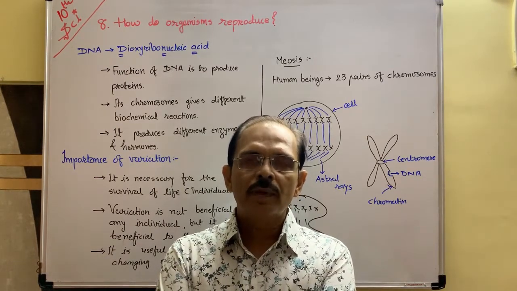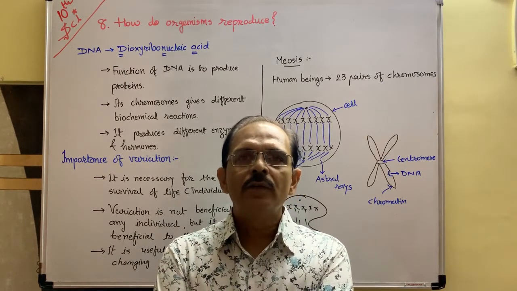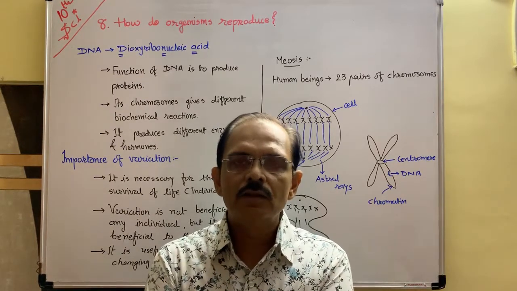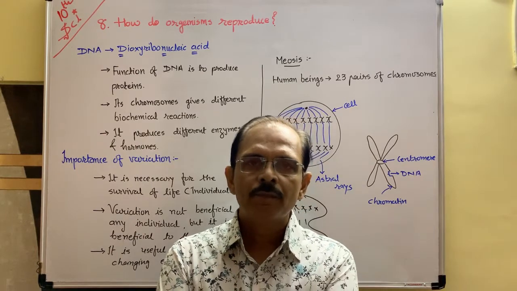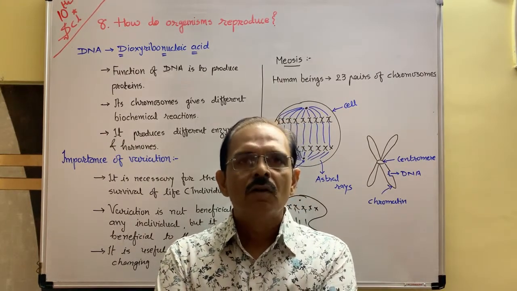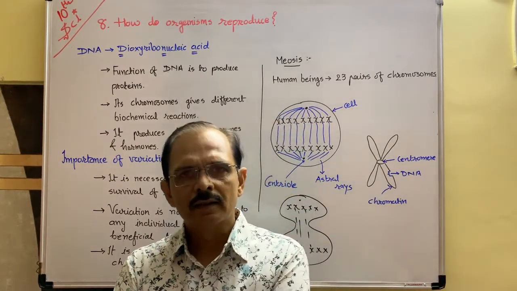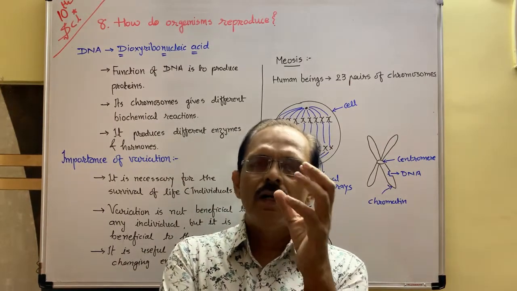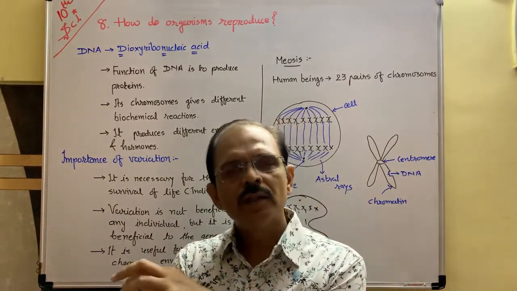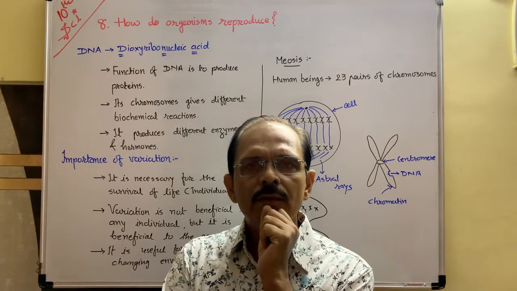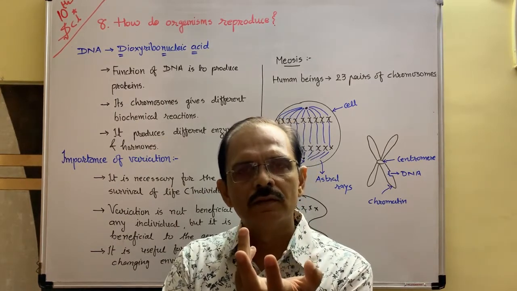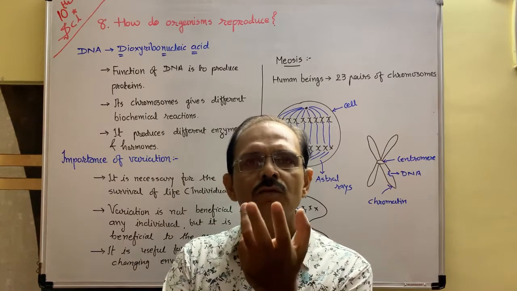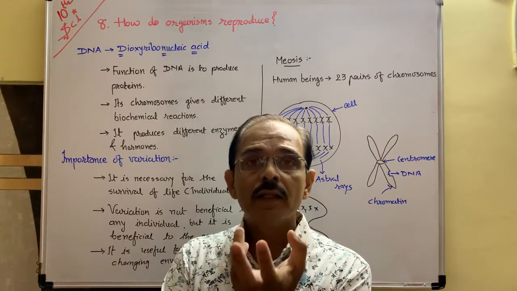You use your brain and try to protect yourself against heavy cold, serious cold. We wear jackets and many other things. In the same manner, if you are kept in the Sahara desert where 55 degrees Celsius temperature is there, then also we can survive. We find out the way with our brain.